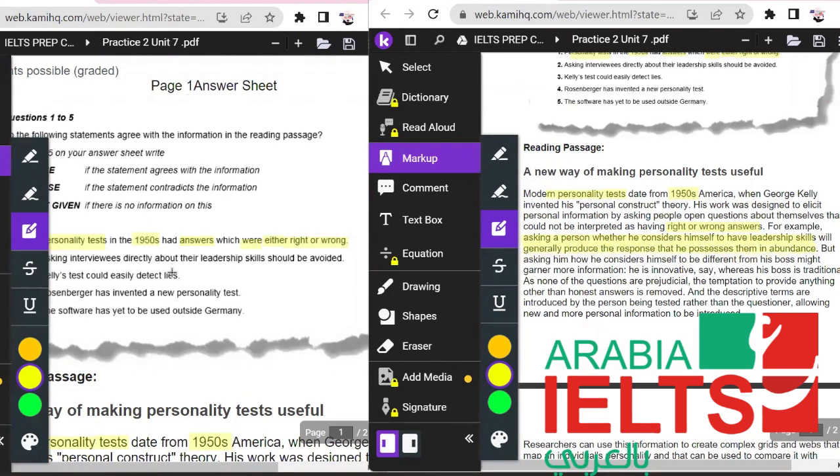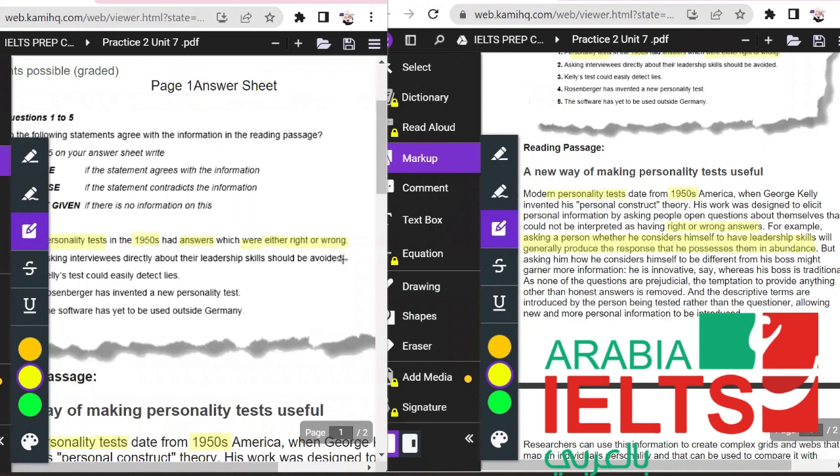So they say that it should indeed be avoided. So the answer for this one is, what do you guys think? It's true.